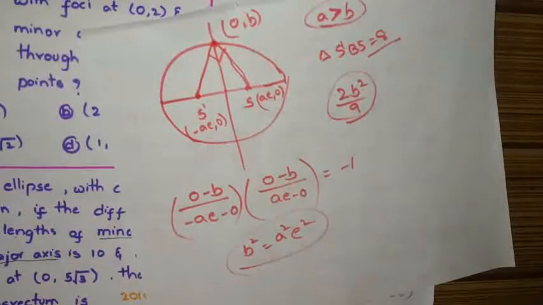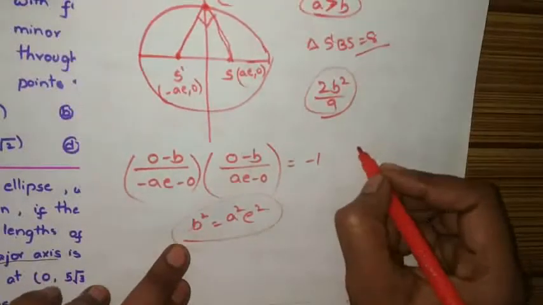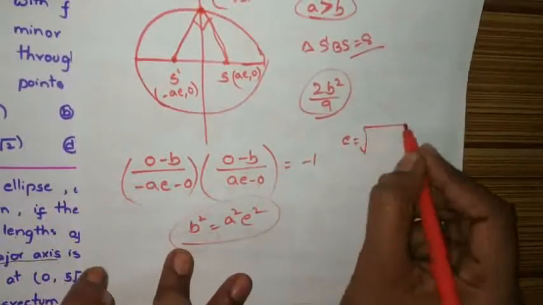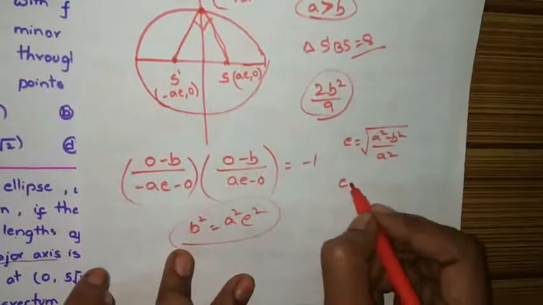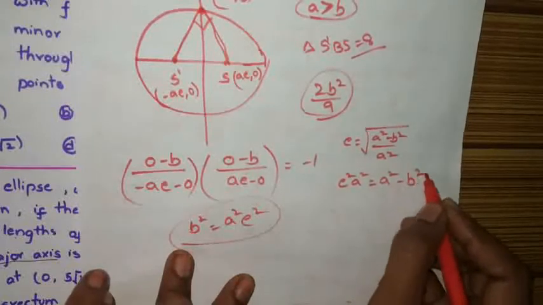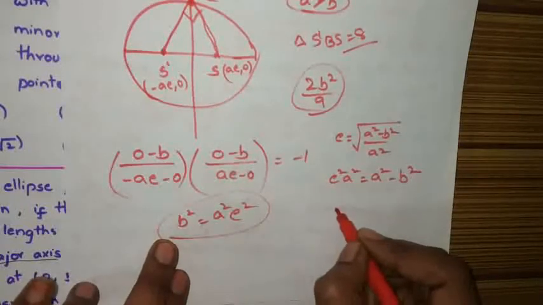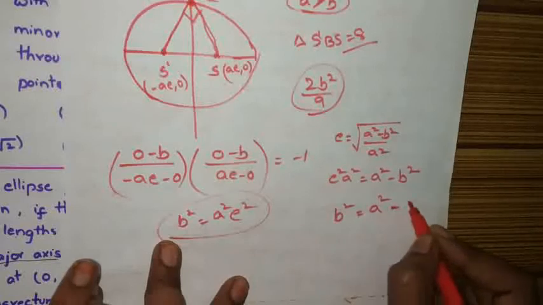And you need to calculate, see, from this I can say the ellipse formula: e is equal to square root of (a square minus b square) by a square. Then e square a square will be a square minus b square. Right? So b square value you will get a square minus a square e square.